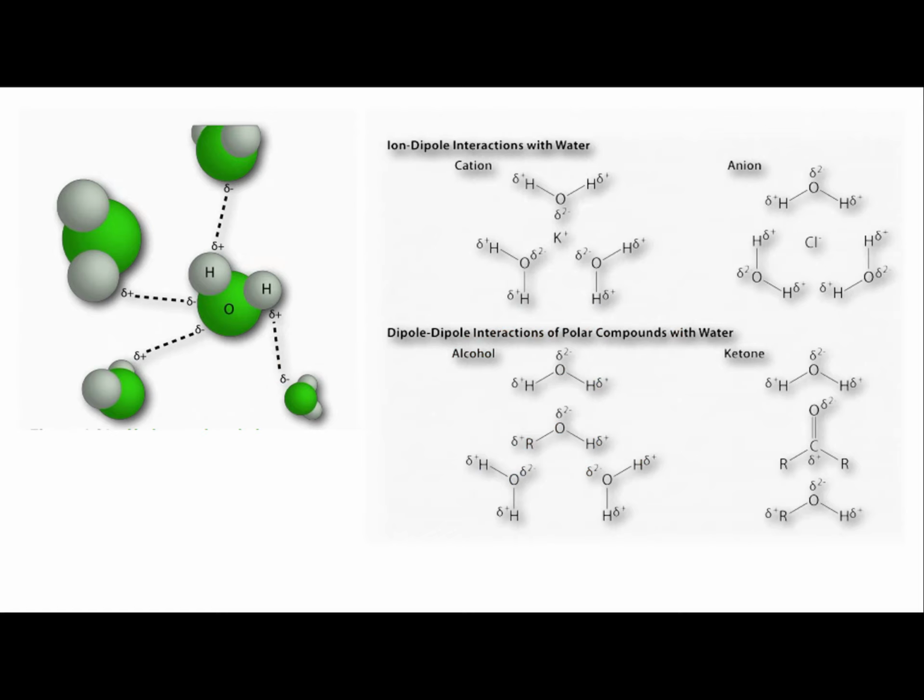Let's talk about partial charges. So the difference in electronegativity between hydrogen and the molecule to which it's covalently bound gives rise to partial charges. These tiny charges, often shown as deltas, so delta plus or delta minus, meaning partial, result in the formation of hydrogen bonds, which occur when the partial positive charge of a hydrogen atom is attracted to the partial negative of another molecule. So in water, that means hydrogen of one molecule is attracted to the oxygen of another.